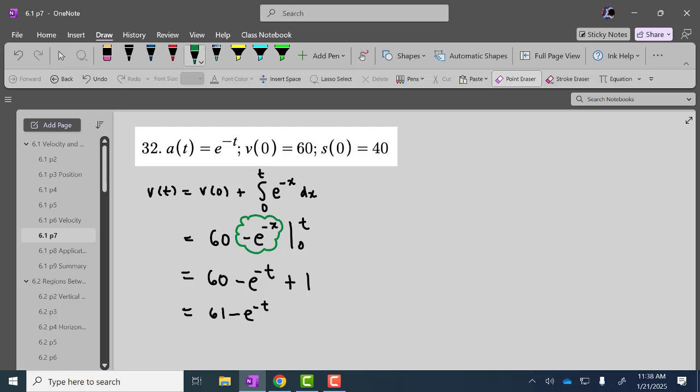And I think plugging in the t is obvious, right? And then we subtract off. So we'll have a negative and a negative, which makes a positive. The antiderivative evaluated at 0, e to the 0 is 1. So we end up with minus 1, which gives us a plus 1.